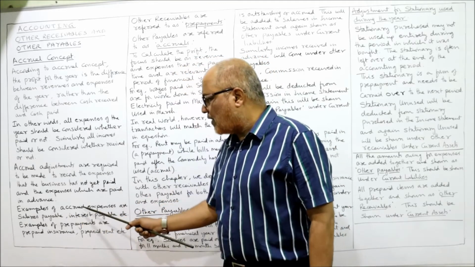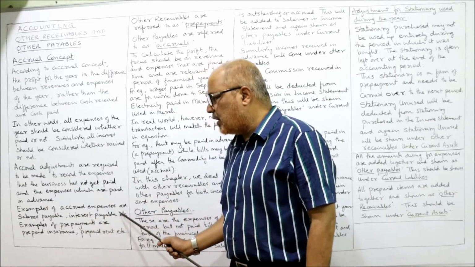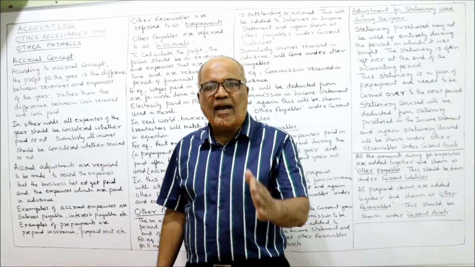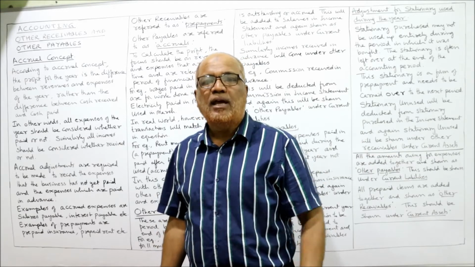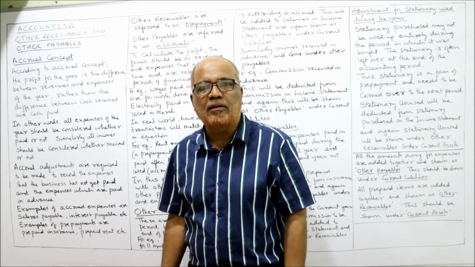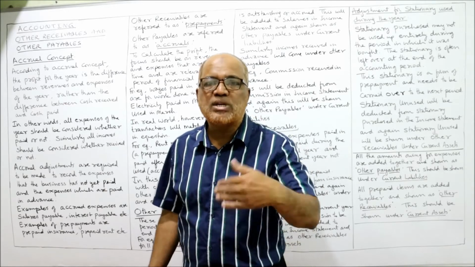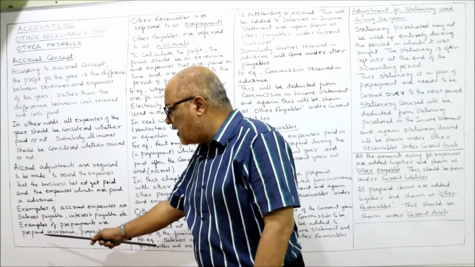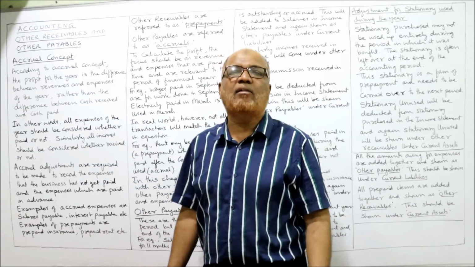Now, examples of accrued expenses are salaries payable, interest payable, etc. At the end of the year, we can see some of the salaries are due but not paid. Interest is due but not paid. These are called accrued expenses, outstanding expenses. Similarly, examples of prepayment. Prepayment means paid in advance.